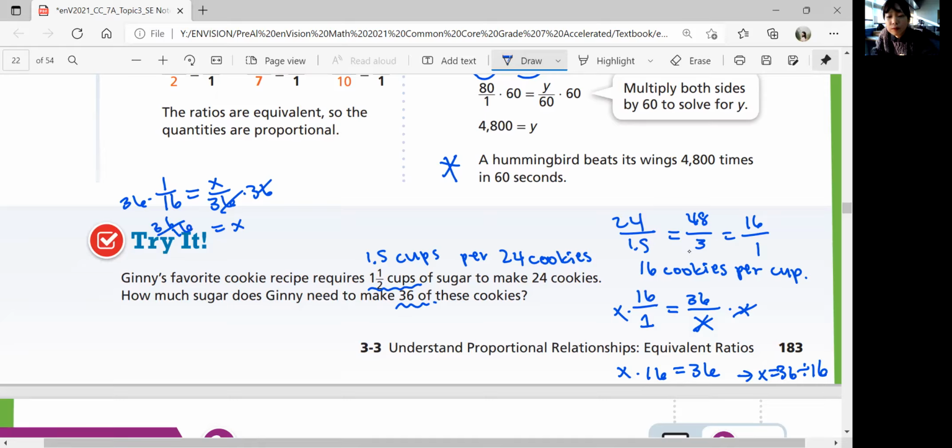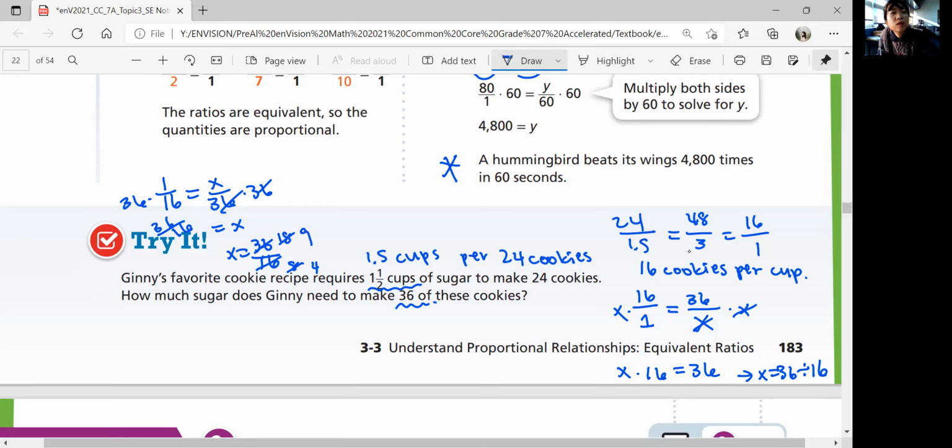There you go, right? So let's simplify this. X is going to be 36 divided by 16. They're both divisible by 2, 18/8. Yes. And then divide by 2 again, 9/4.